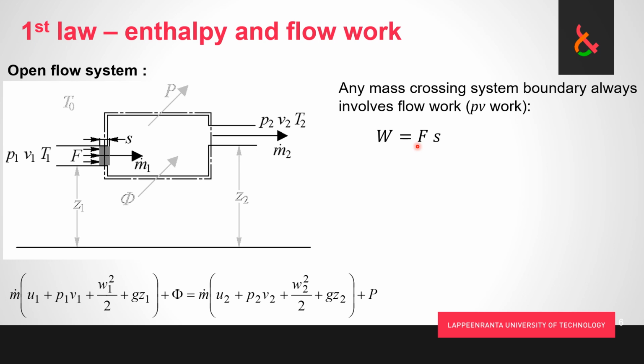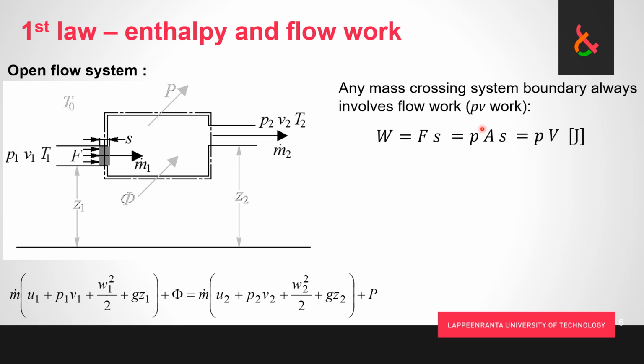So if the pipe has certain area, frontal area A, the force that the pressure P causes is pressure times area. And then we have the work that is being done as pressure times frontal area of the tube times the distance s. Now we have here area times distance.